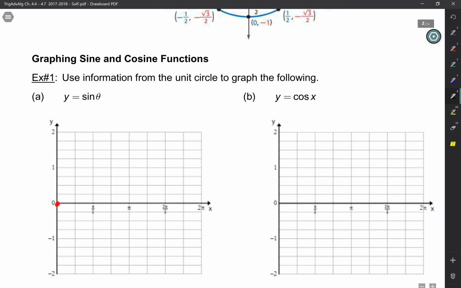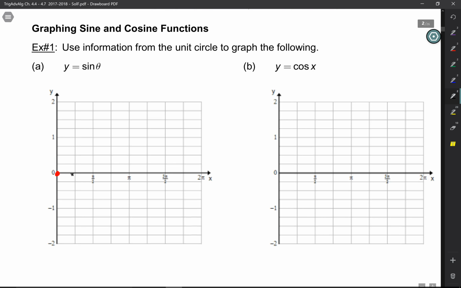So let me just label it now. This is pi over 4, pi over 2, and then 3 pi over 4. And then it's 5 pi over 4. And that's 3 pi over 2. And 7 pi over 4.